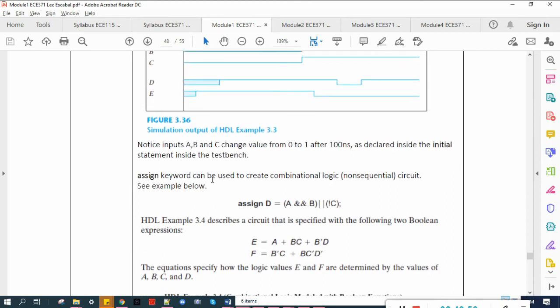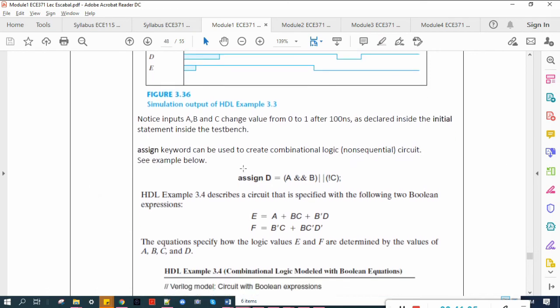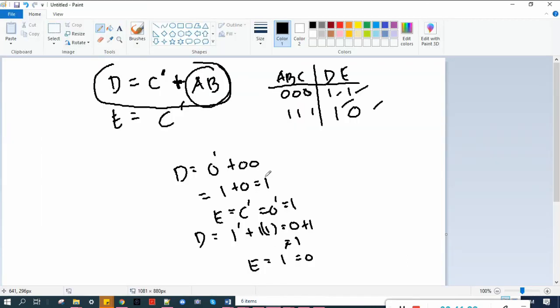The assign keyword can be used to create combinational logic, a non-sequential circuit. For example, we have here assign D is equal to A and B or not C. So we use the keyword assign to describe the circuit.